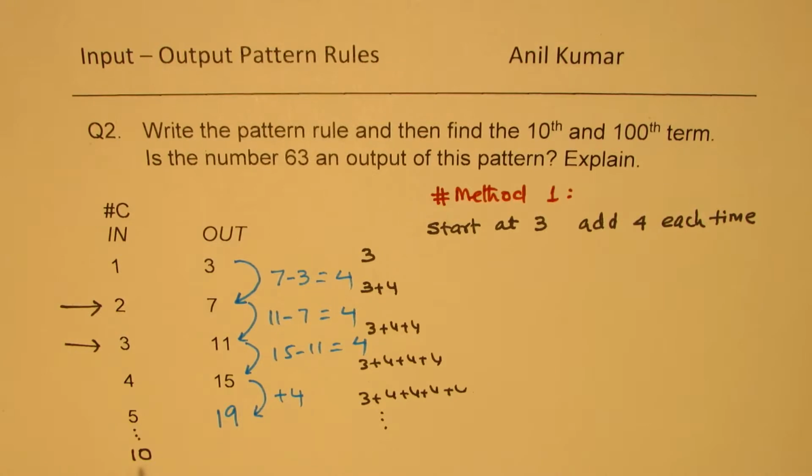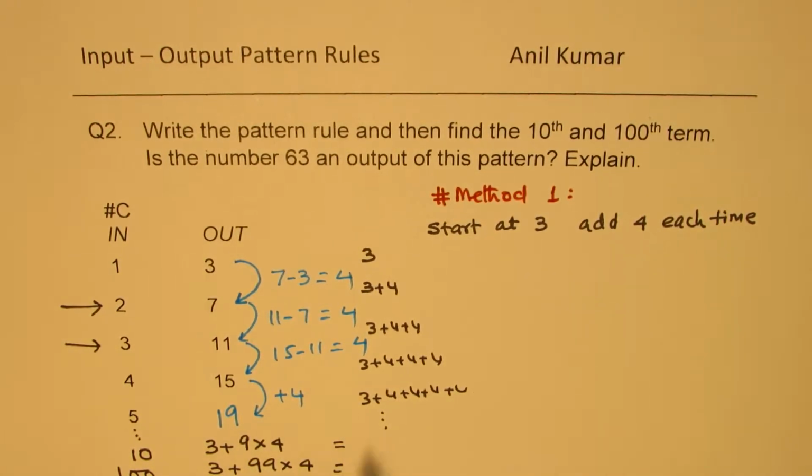Well, you are going to add 9 4s, 1 less than the term number. So here the number should be 3 plus 9 times 4, correct? Similarly, if I want the 100th number, then I should add 99 4s, right? So I should add 99 times 4 to get my number.